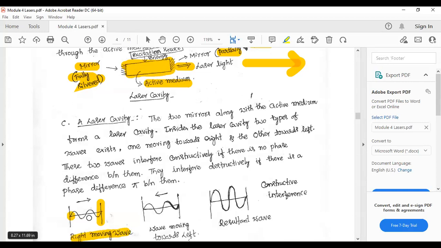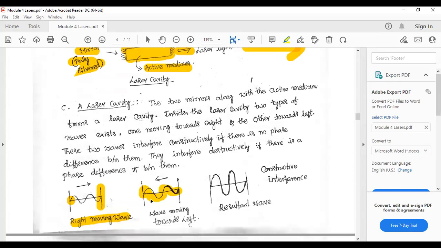Then it will hit the mirror and reflect back, and therefore we have two light rays inside the laser cavity. One is the light moving towards the right, another is the reflected light moving towards the left. Again, at the left I have a mirror, and therefore again I will get a light ray.